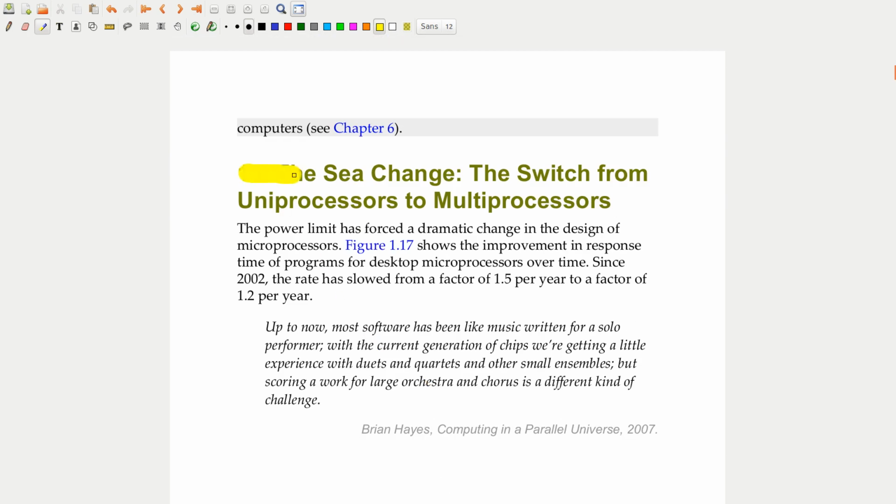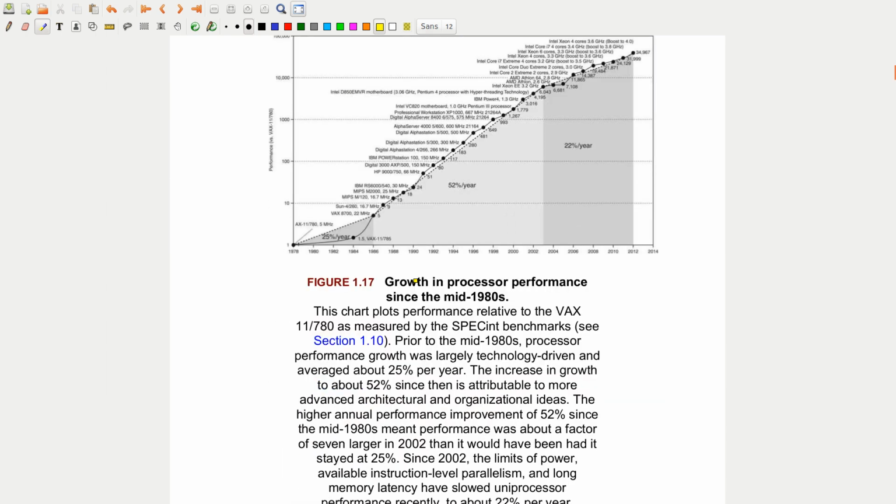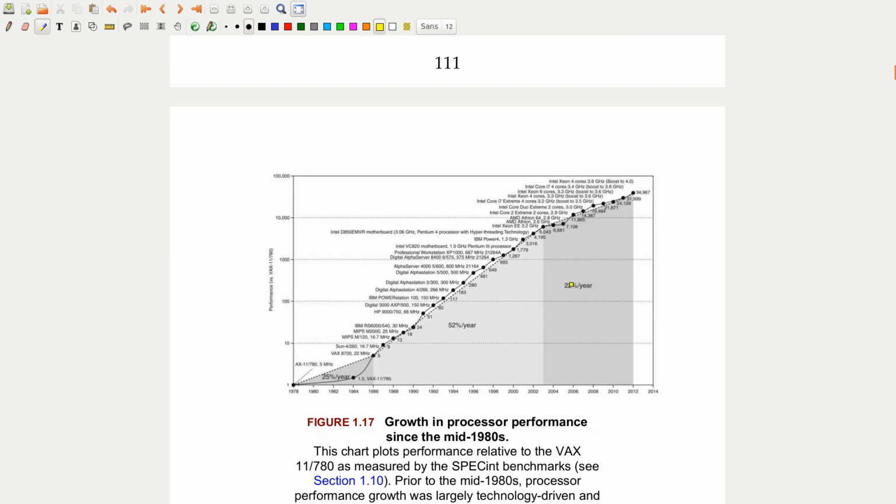All right, I think this is fairly near the end, because now we're talking about single core processors versus multiprocessors. This is very interesting. The power limit has forced a dramatic change in the design of microprocessors. Okay, and so Figure 1.17. Here we go, this is a great graph.